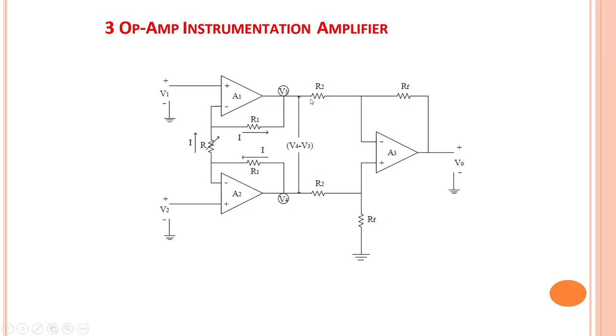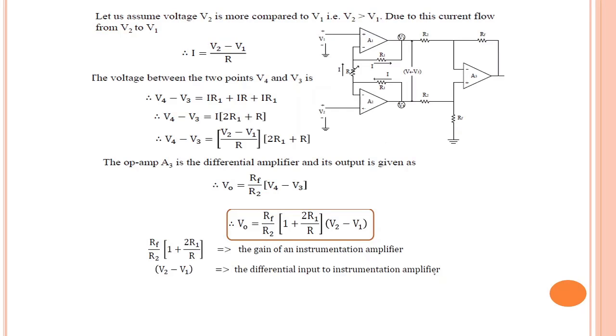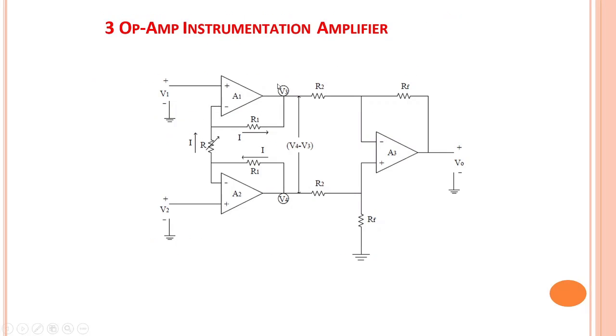So it won't offer very high input resistance for both inputs. It will offer very high input resistance for the input at the non-inverting terminal, whereas it gives very low input resistance for the input at the inverting input terminal.